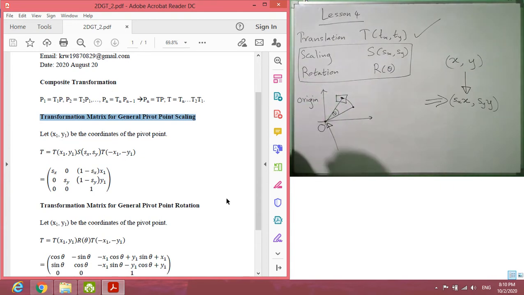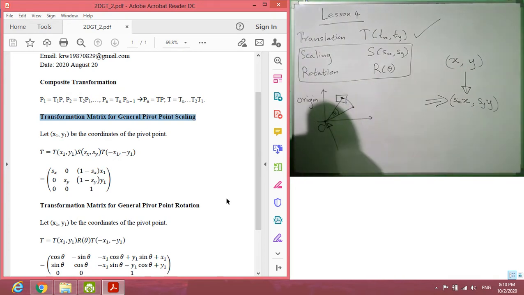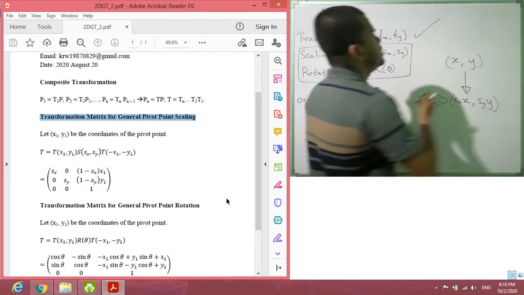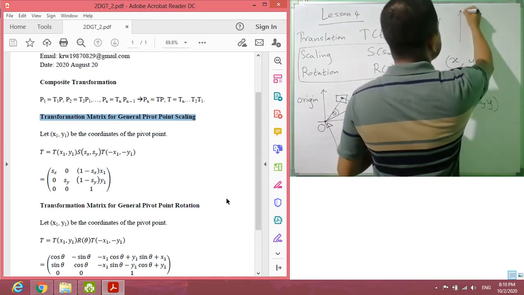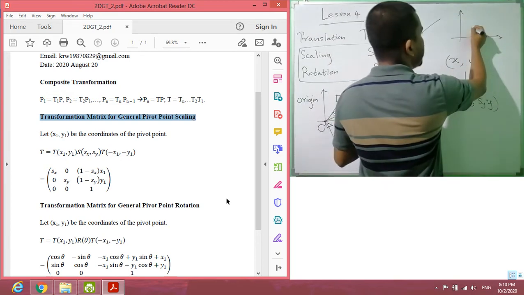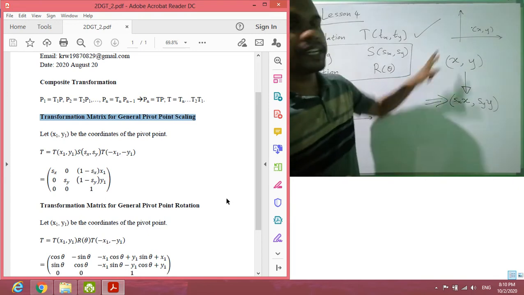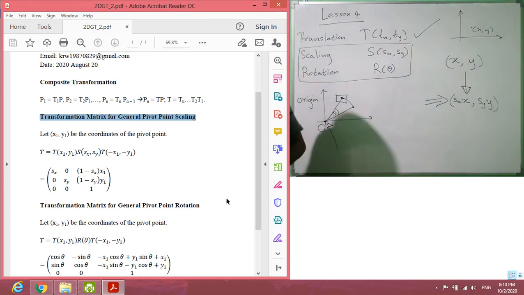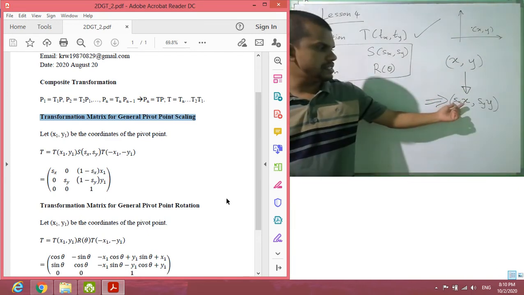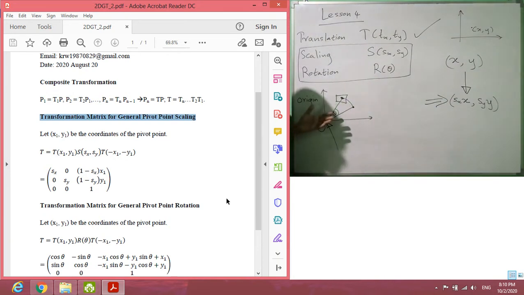Now we are going to apply the concept of composite transformation. Scaling also we perform with respect to origin, and rotation also with respect to origin.